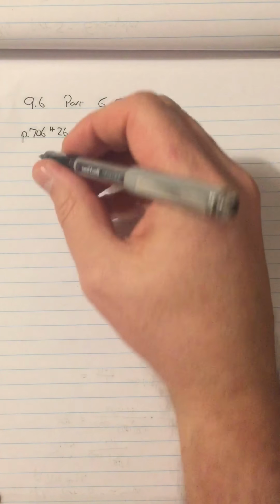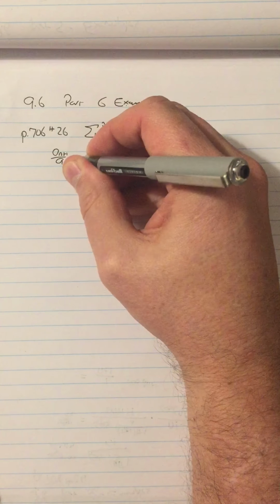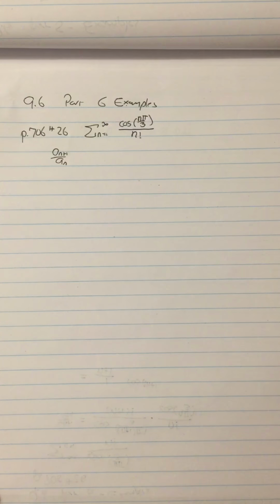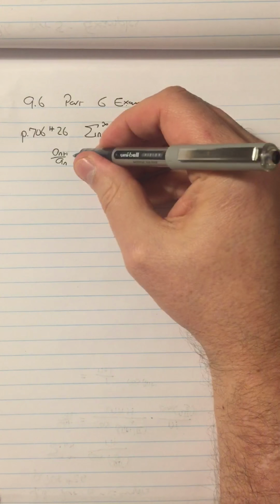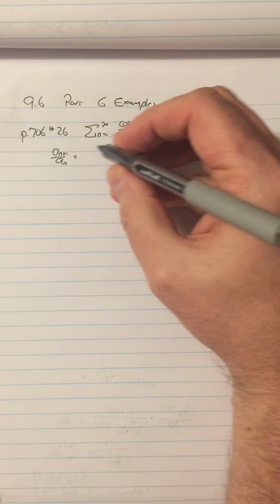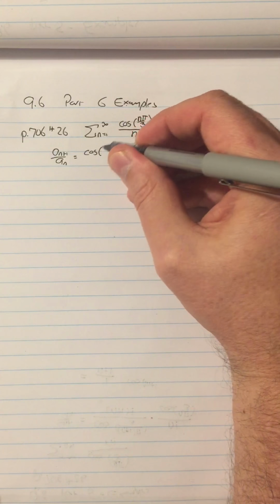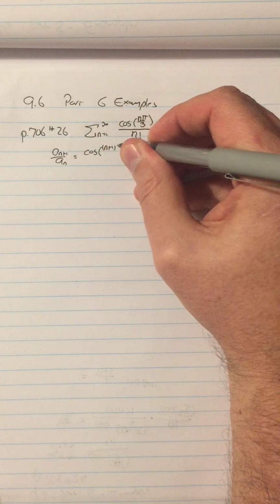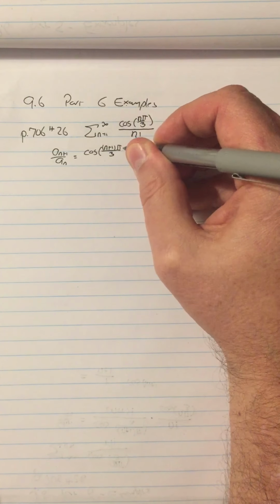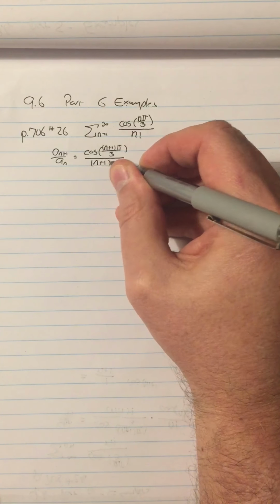So first I need to consider a sub n plus 1 over a sub n, and I'm going to consider that separately and add in the limit and the absolute value later. First we put in n plus 1, top and bottom. So a sub n plus 1 is cosine of (n plus 1) pi over 3, and the denominator is (n plus 1) factorial.